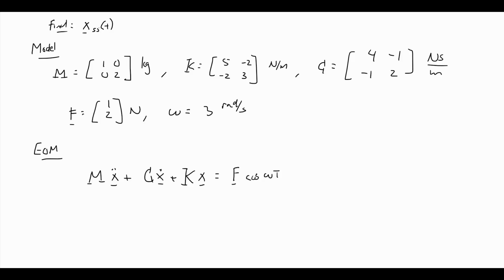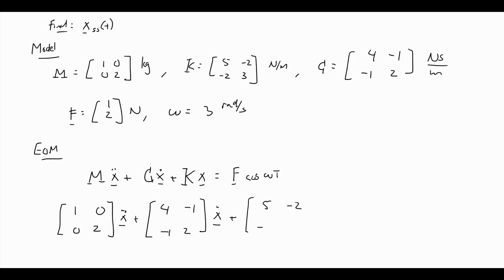So specifically for ours, our equation of motion numerically will copy in here, plus our damping matrix 4, -1, -1, 2, and the stiffness matrix, 5, -2, -2, 3, x, equals 1, 2, cosine 3t.